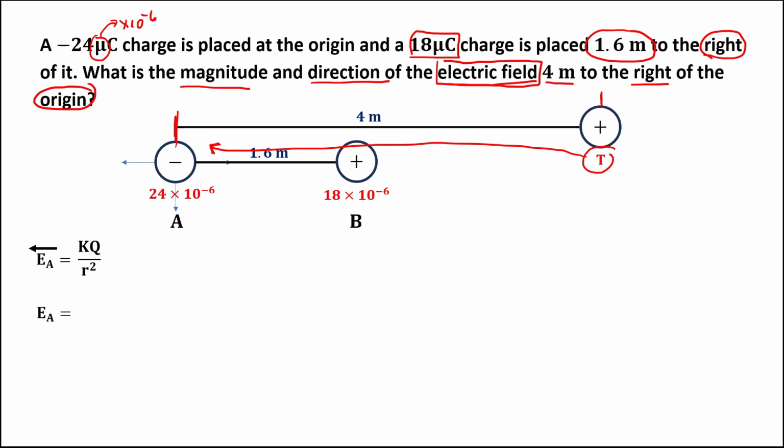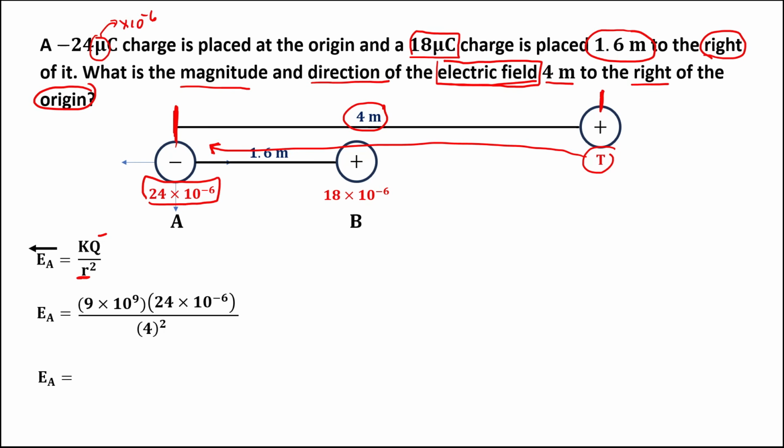The Coulomb's constant is 9 times 10 to the power positive 9, then times Q, the charge for charge A, that's 24 times 10 to the power negative 6, then the range, the distance from A to the test charge, is 4 meters, so over 4 to the power 2.